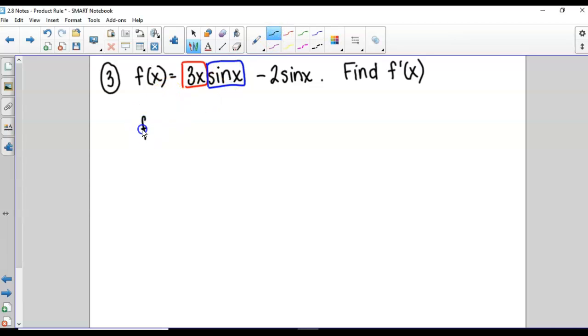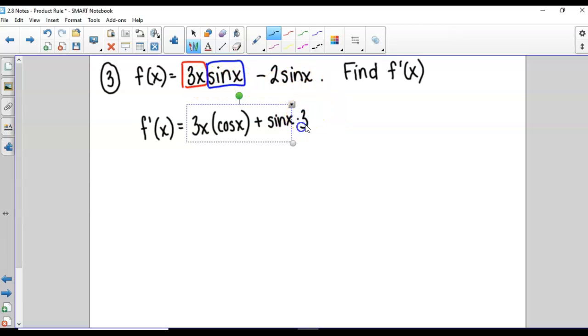So we're going to have f prime of x equal 3x times the derivative of sine x, which is cosine x, plus sine x times the derivative of 3x, which is 3.